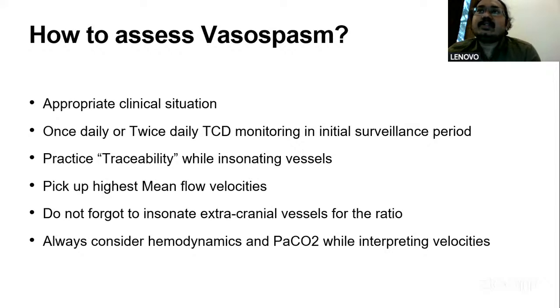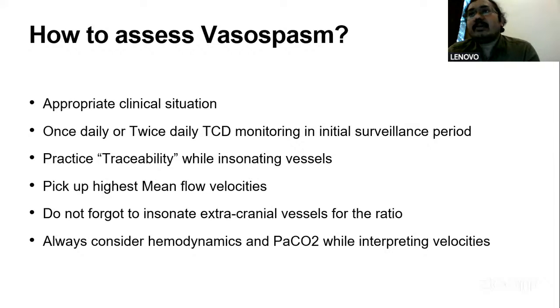We would like to see whether it is a problem inside the cranium, or whether the circulation is overwhelming from the outside, which we call hyperemia. So we would like to differentiate between hyperemia and vasospasm, and that is why we insonate extracranial vessels and make a ratio out of it.